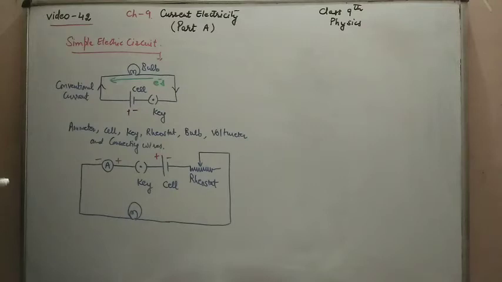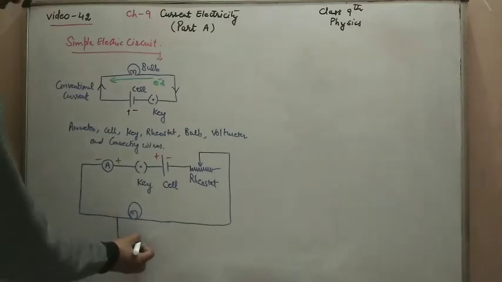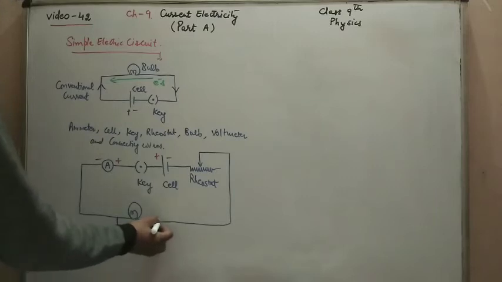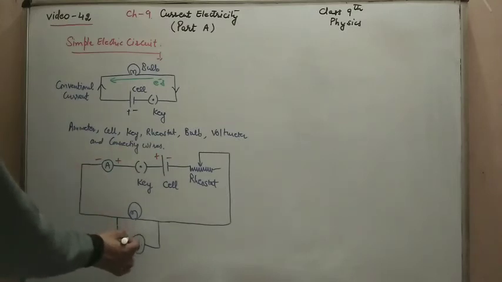Okay, and then below to this bulb, there we can connect one voltmeter which is in parallel with the bulb. As we have started from positive, so here also you will get the positive polarity and here negative one.